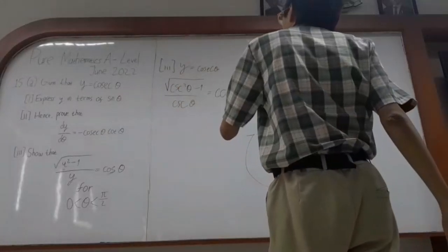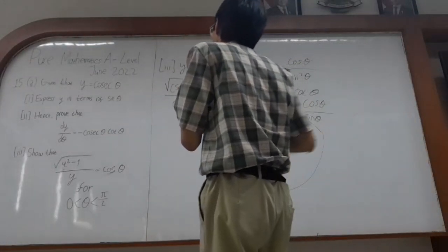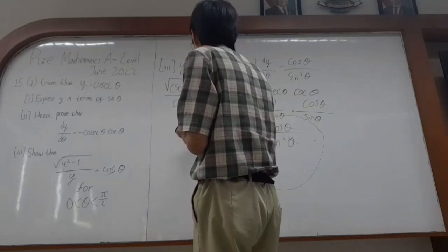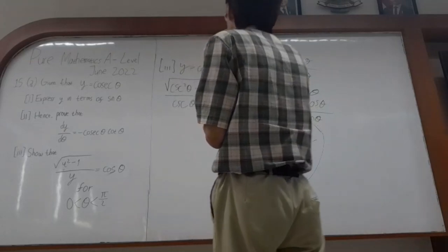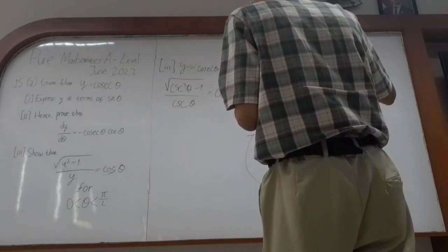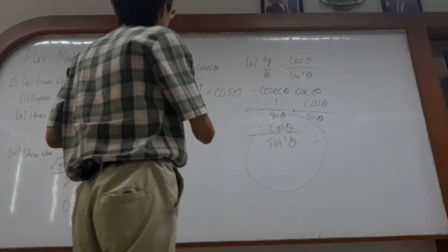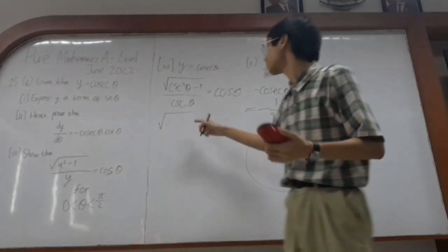So as we know that cosecant squared theta minus 1 is equal to... I'm trying to remember back here.